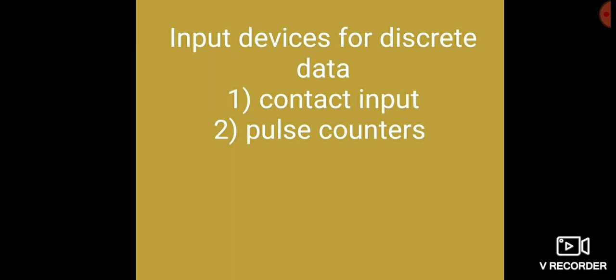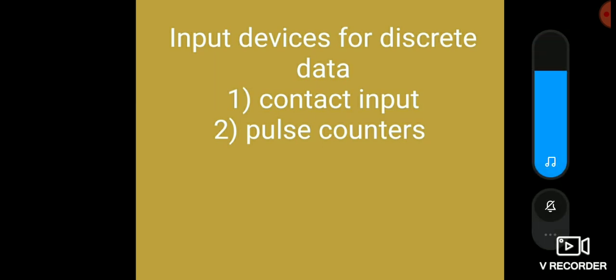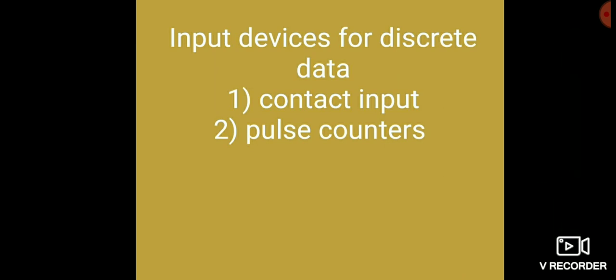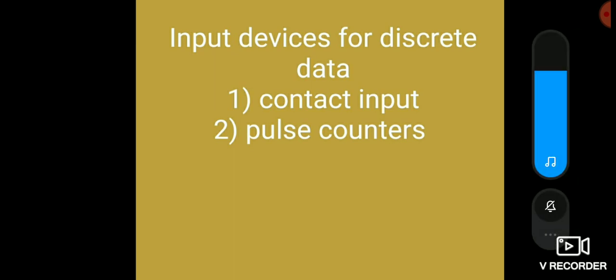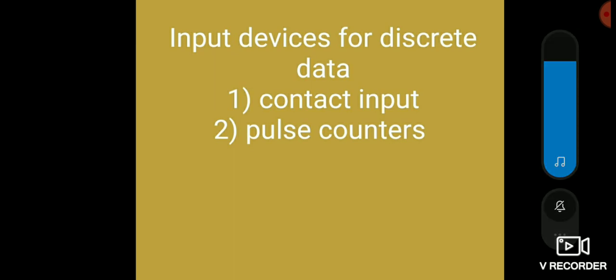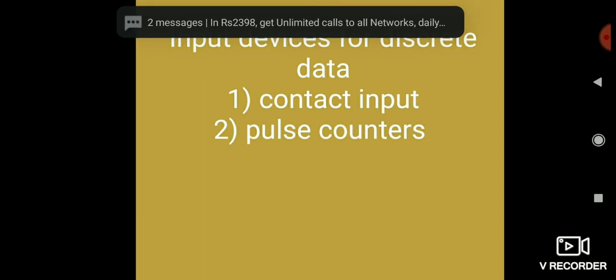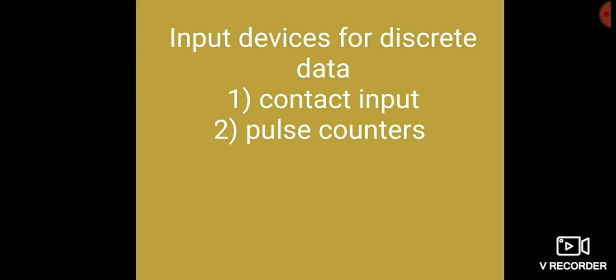A pulse generator is a device that produces a series of electrical pulses whose total number and frequency are specified by the computer. The total number of pulses might be used to drive the axis of a positioning system.